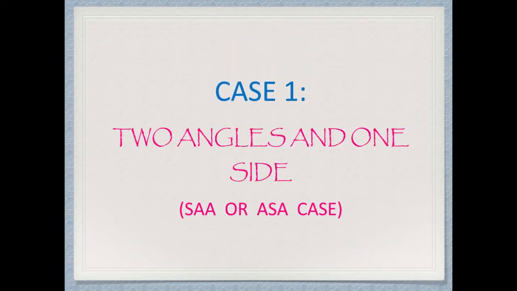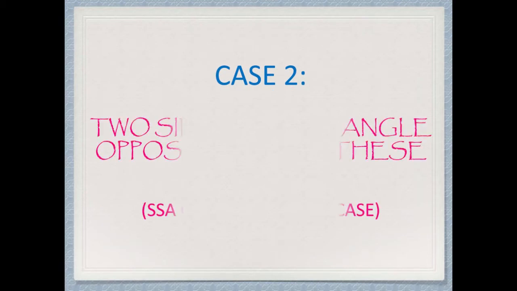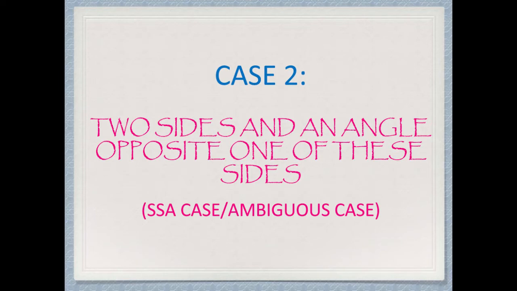Last meeting, we discussed case 1, when two angles and one side are given, the SAA or ASA case. This time, let's proceed with case 2, the SSA case or the ambiguous case.